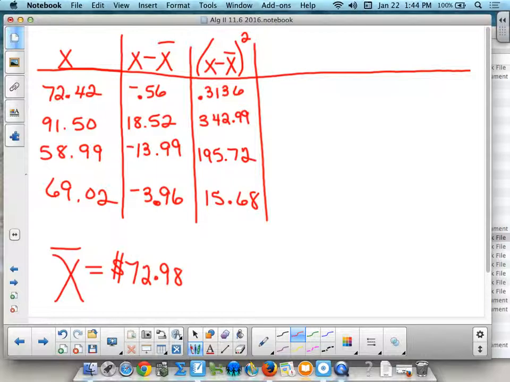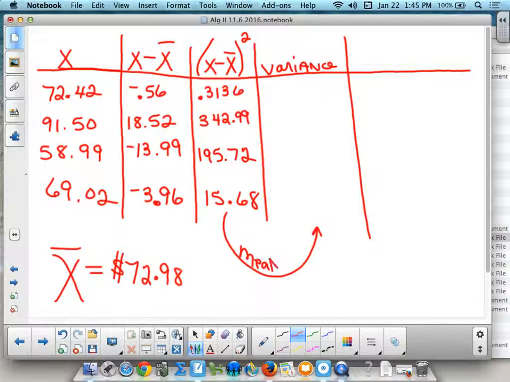So what you did is you found the difference between your data and your mean, then you squared the difference. Now you get the variance. To get the variance, you just do the mean of the squares.